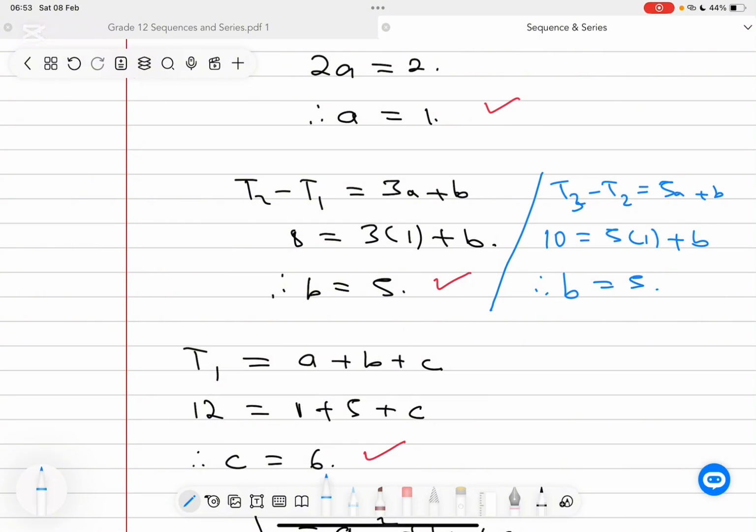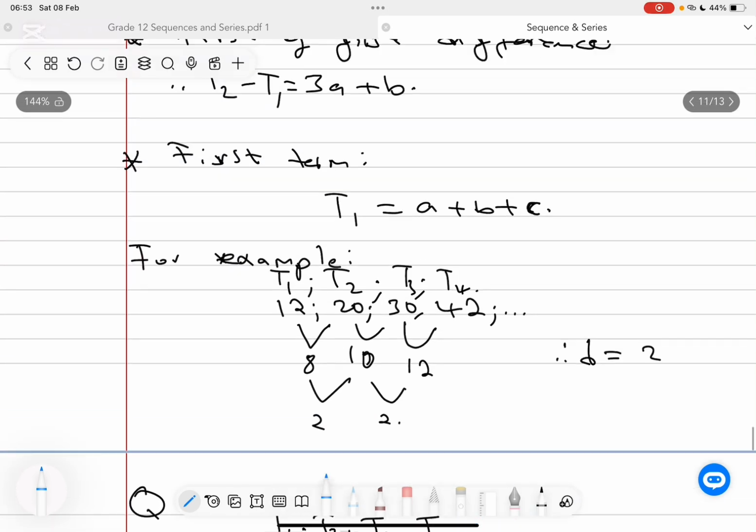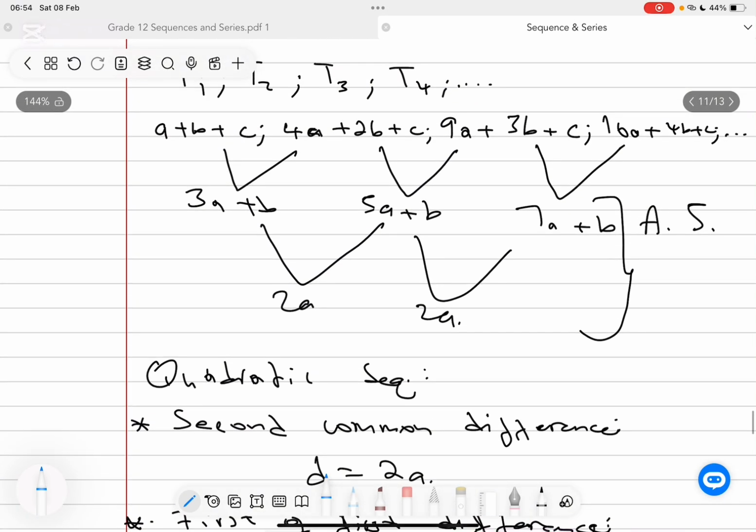It is also true that you can use the third of the first difference, meaning if you say T4 minus T3, that is the third of the first difference, and we know that it gave us 7A plus B. Now let me go back again here just to show you what I'm talking about.